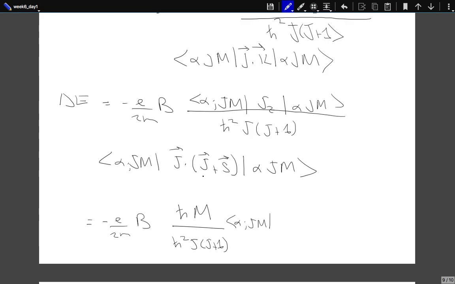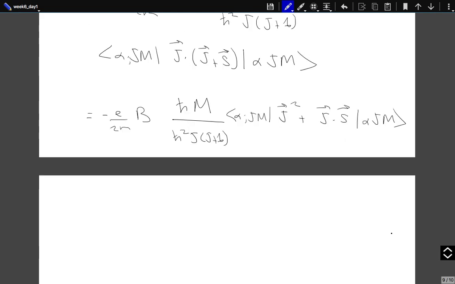This product I can write in this form: j squared plus j dot s. This is equal to minus e over 2m. The h bar cancels one of these, B, m over h bar, j plus 1.